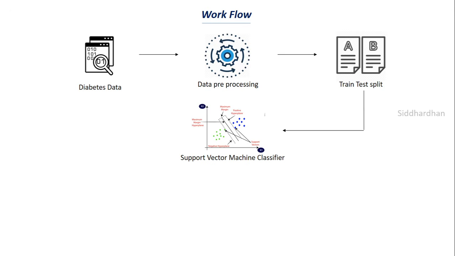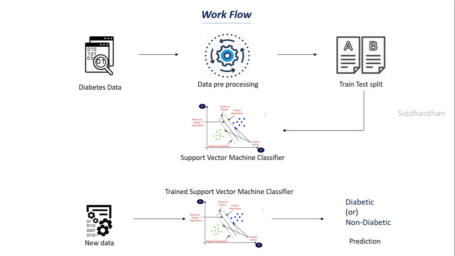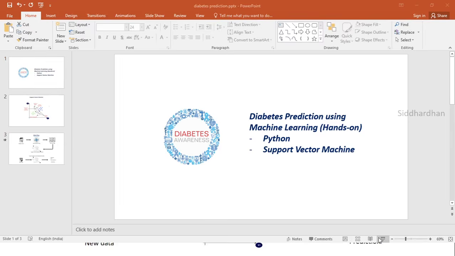We will be using a classifier model, which will classify whether the patient is diabetic or non-diabetic. Once we have trained it, we have a trained support vector machine classifier, so when we give it new data, it can predict whether the patient is diabetic or non-diabetic. This is the workflow we will be following for this project. Now let's get into the coding part.